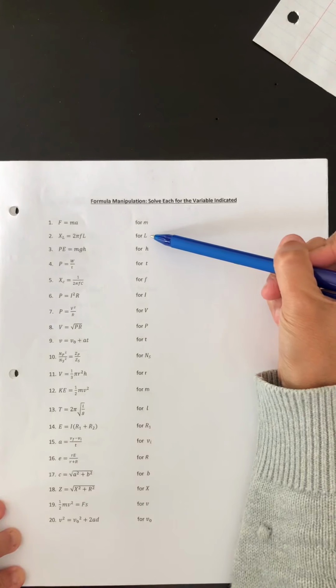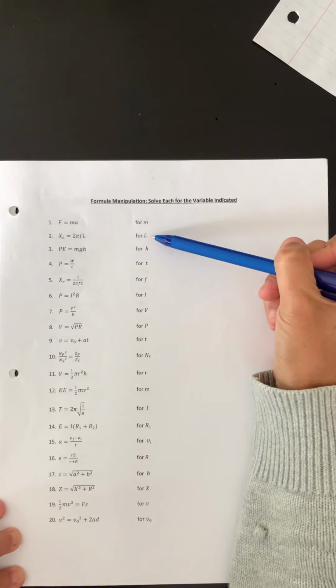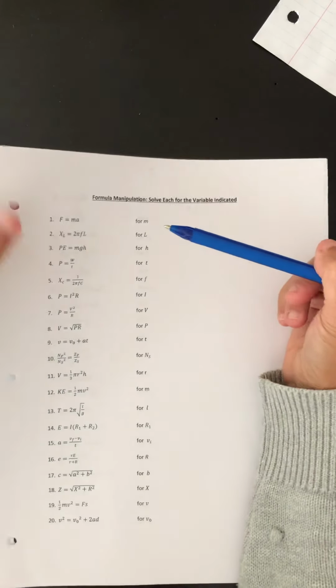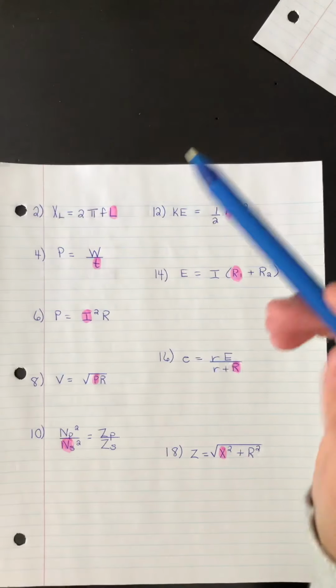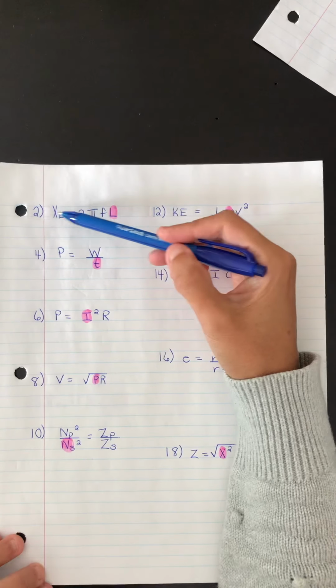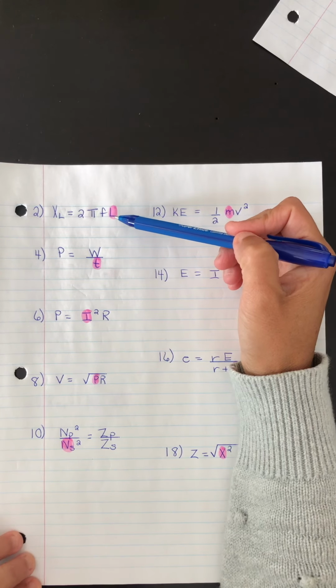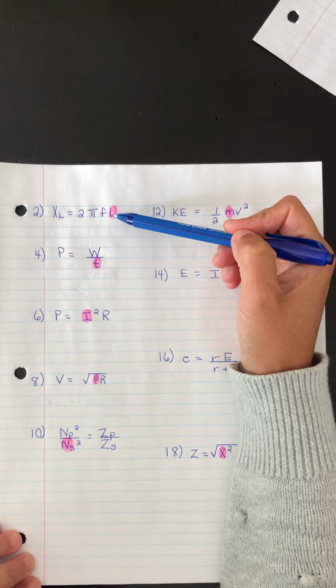We're going to solve it for capital L, which represents the inductance in the circuit. Okay, I've got them set up already. So here's problem 2. I've highlighted the variable we're going to solve for.